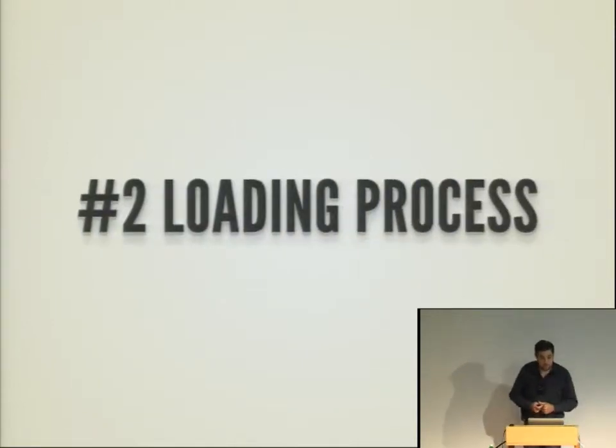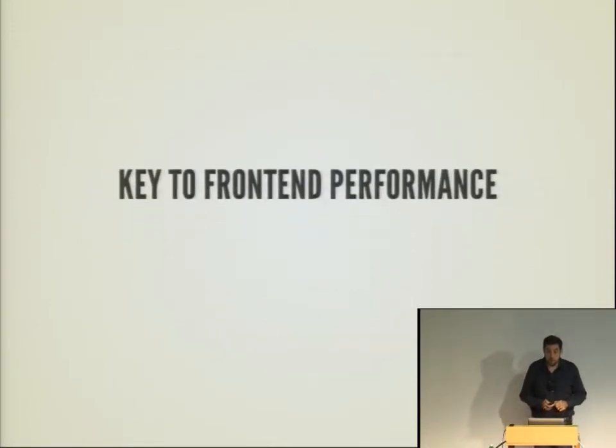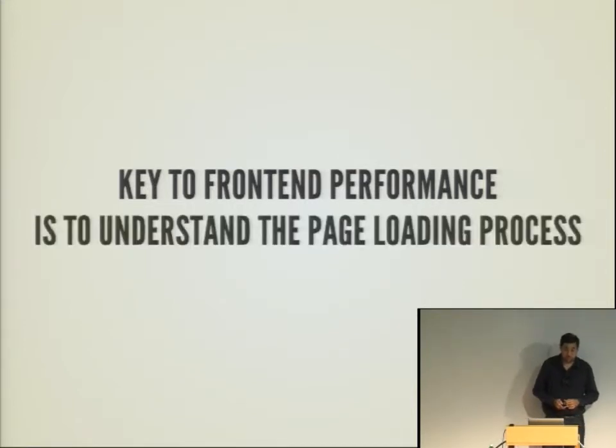So, now having this out of the way, let's go to the loading process. I'm just doing this very shortly. Most of you probably already know this, but the key to front-end performance, and to knowing where you can attack this beast or change something, is to understand the page loading process.